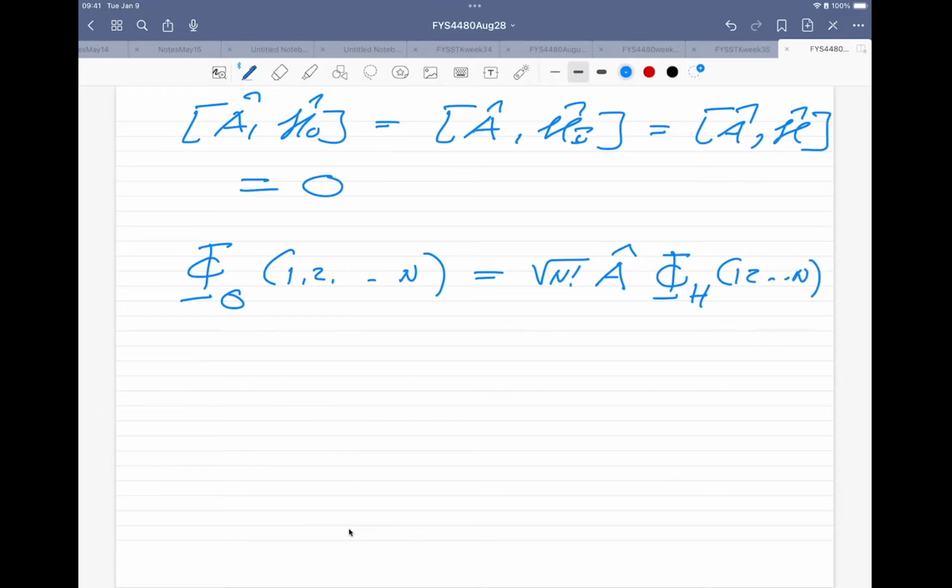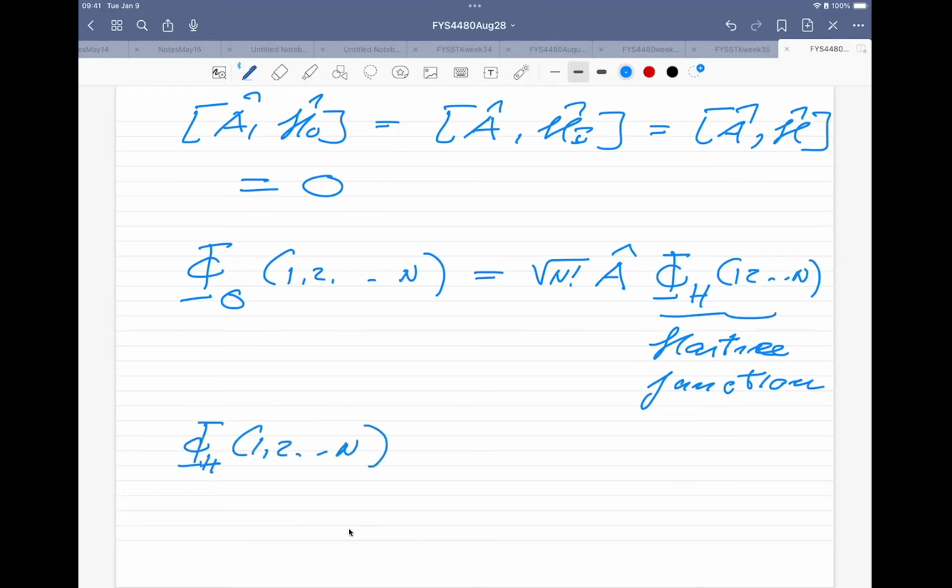So this has a name in the literature, it's called the Hartree function. And this function, h here, is nothing but the product of the single particle states.